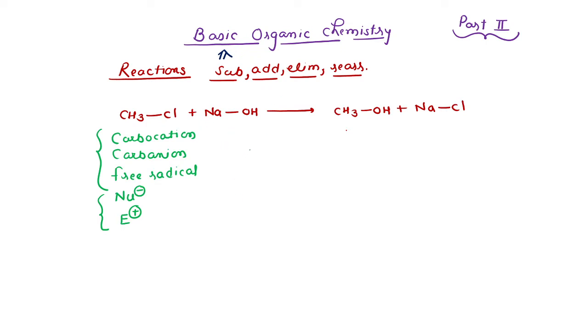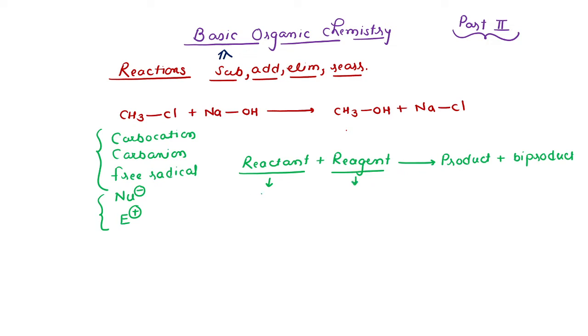See, any reaction has four parts: reactant plus reagent gives product, and this is byproduct. Now what is going to happen? This reactant which is present is going to break. Reagent is also going to break, but the reactant is going to break in one form and the reagent is going to break into another form.